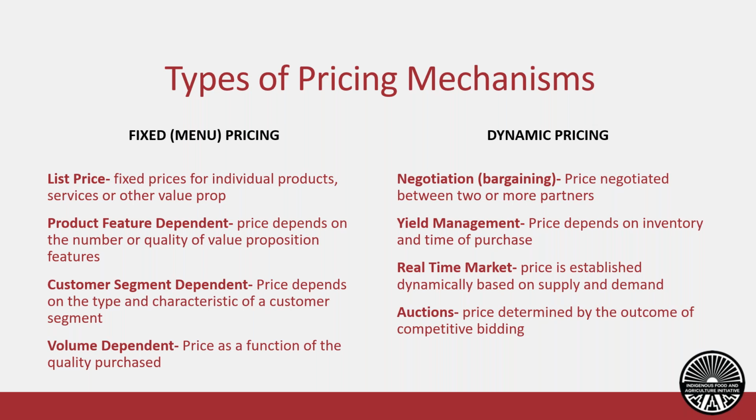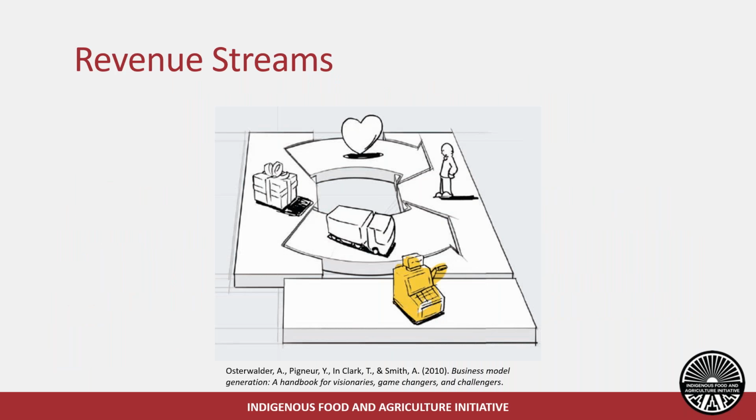Volume dependent. This is how Costco and Sam's Club make their money. You go in and you purchase higher volume, but the prices are different because of those increased volumes. So that's revenue streams. Revenue streams go beneath that customer segment because that is how you make money, is through your customers.